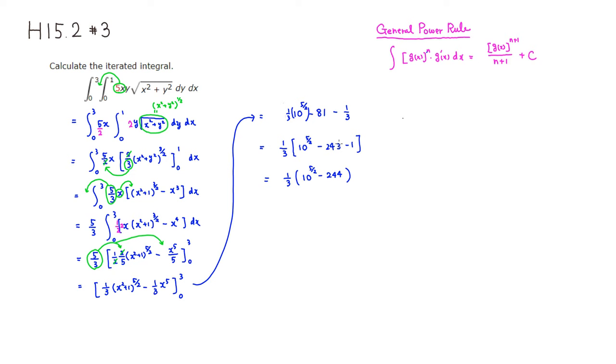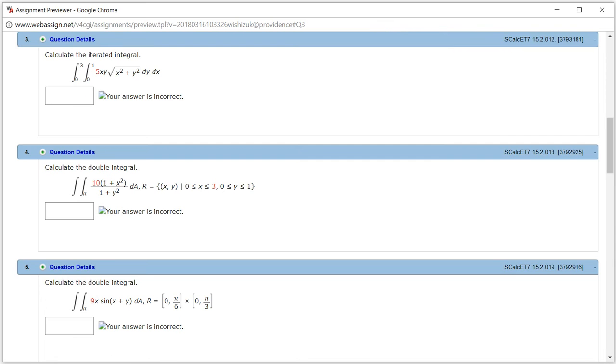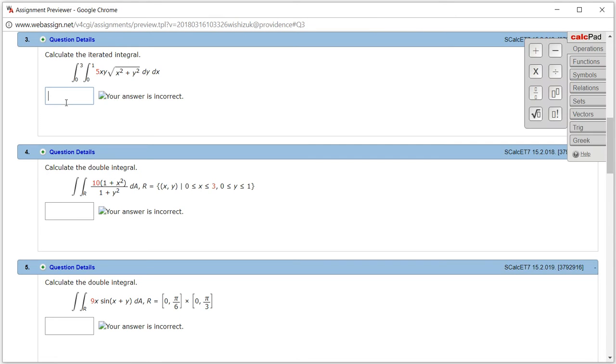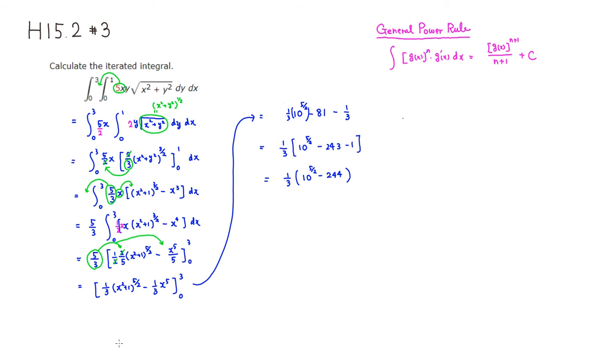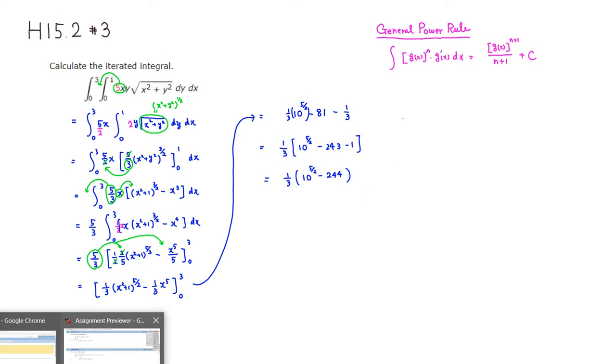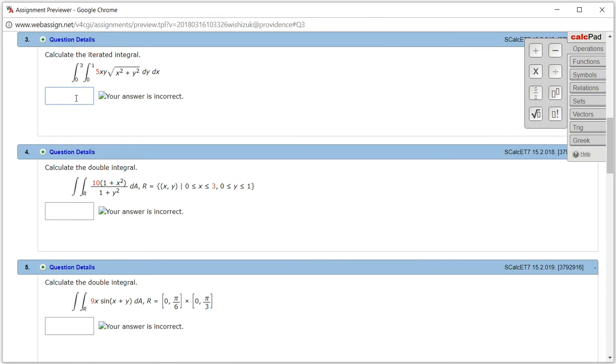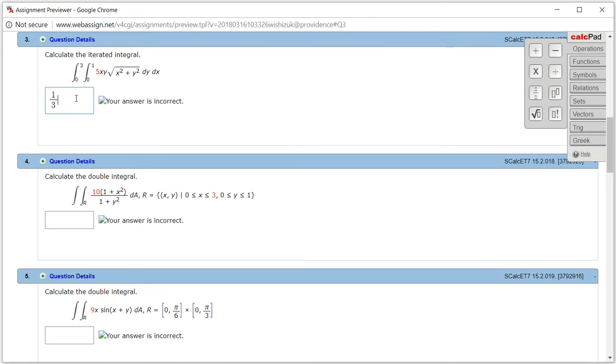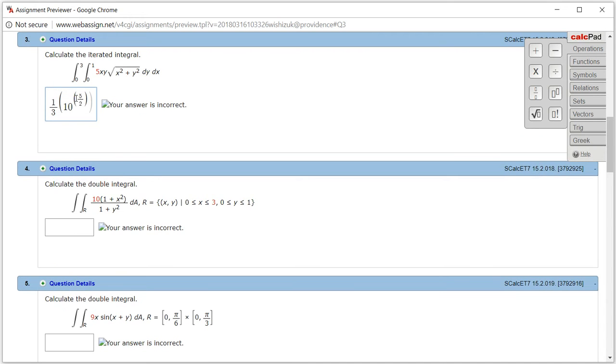All right, let's plug it in. I forgot what it was. 1/3, yep. So 1/3, 10 to the 5/2.